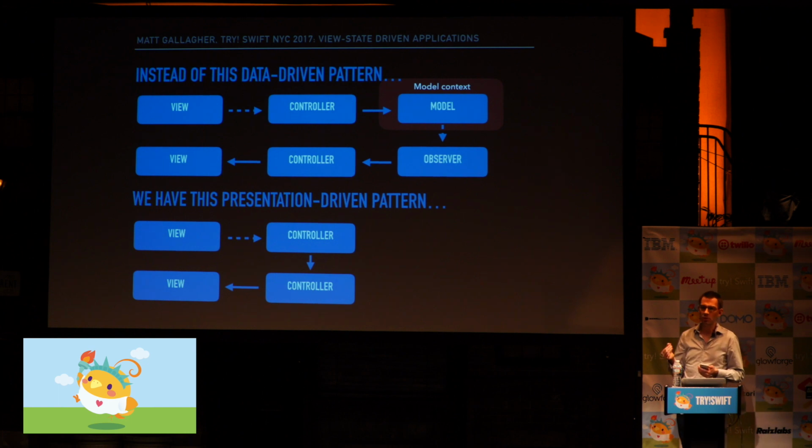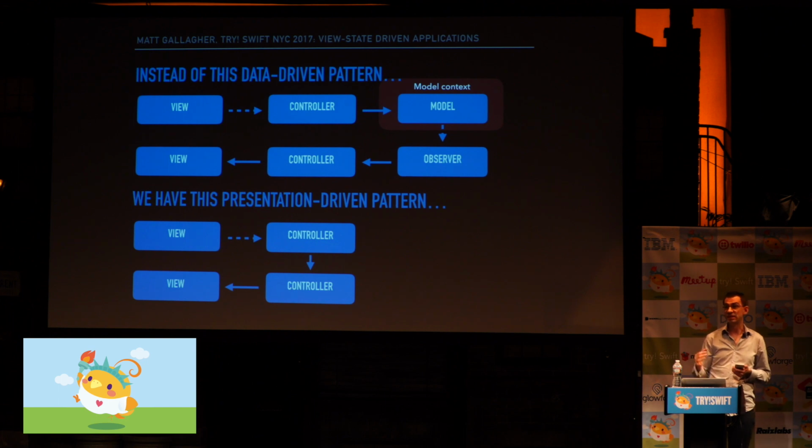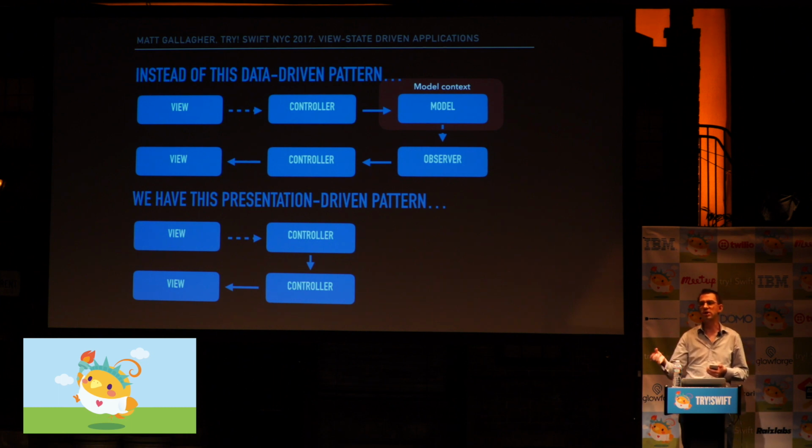And it's a little bit more than even this document will show you. It's a little bit more than you can even easily see in this diagram, because the top one has the model context. It has this consistent interface that's going into and coming out of, whereas the one on the bottom doesn't. There's no consistency about it. Every controller is separate. Every controller is hard-coded. Every controller is running on its own different sets of rules.